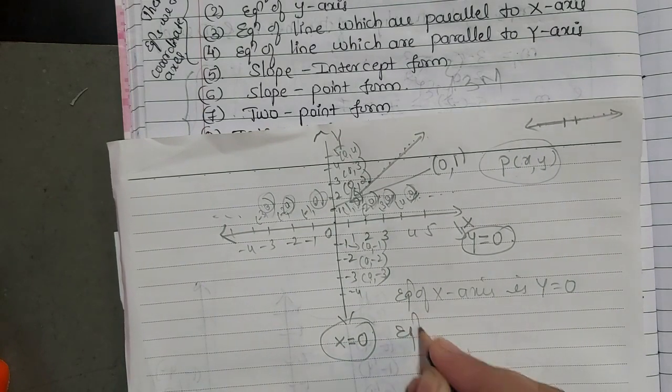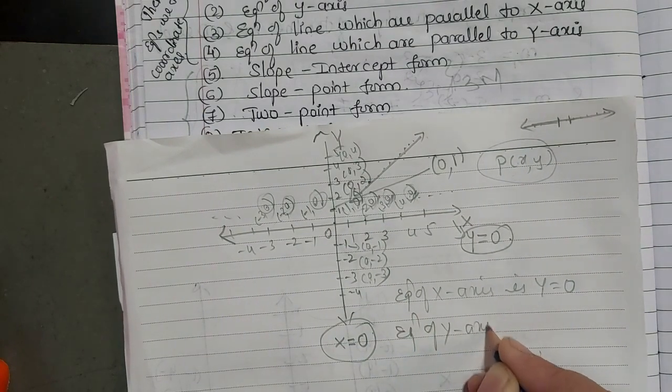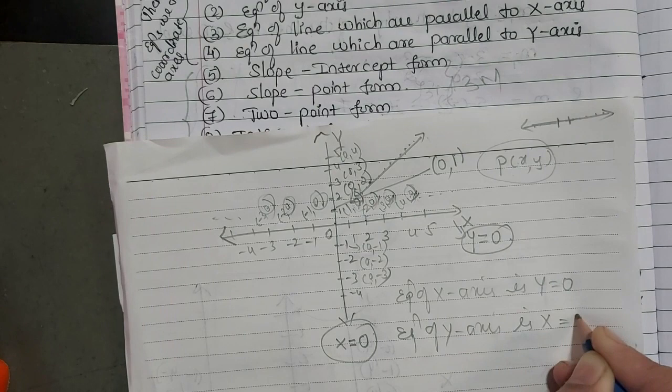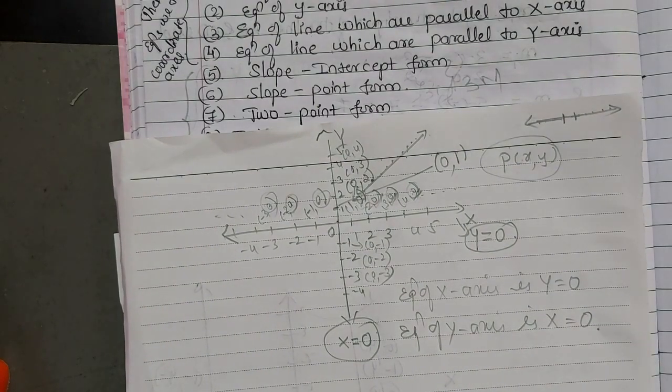Therefore, the equation of y-axis is x is equal to 0. The equation of x-axis is y equal to 0 and the equation of y-axis is x is equal to 0.